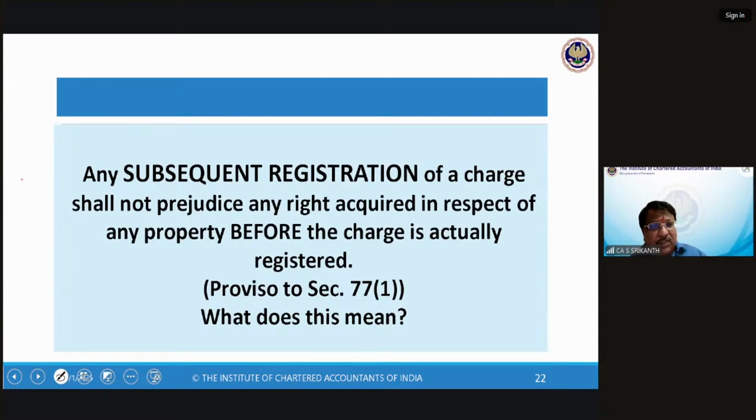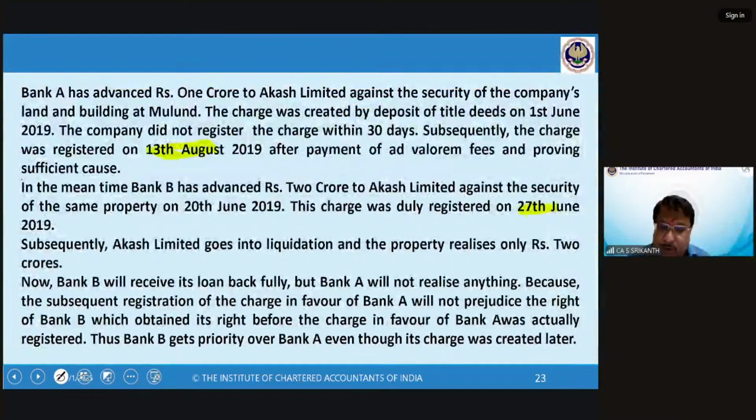Normally, a charge which is registered first will get priority over a charge registered later, subject to pari passu. Suppose the first registered charge holder agrees to pari passu in proportion. But if he does not agree, then the second person will only be a second charge. But see this example, you will understand better.